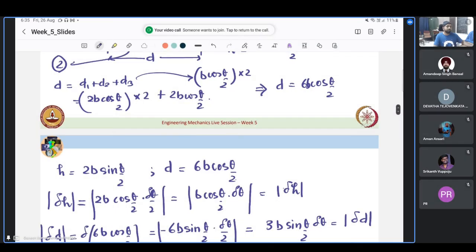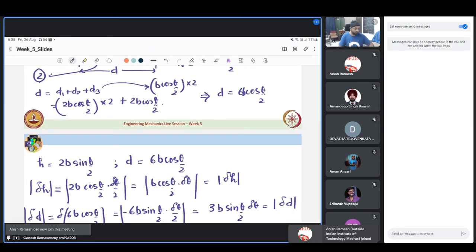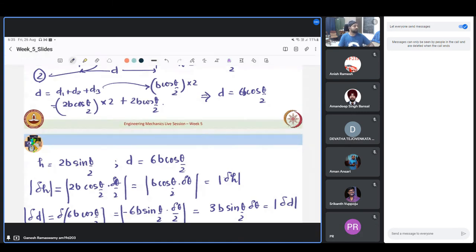So are there any questions at this point? If there are any questions on how we have solved, I'll be happy to take them. You can consider posting in the chat box also. If there are no questions, then we'll move further to the next part.